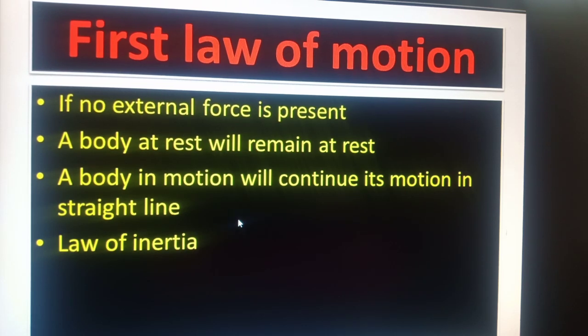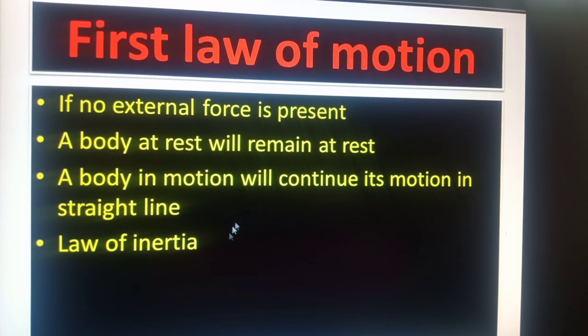When we throw a ball, there are some external forces acting on it. For example, the pull of gravity, the friction between ground and ball, or the air resistance. These are the external forces. If they are absent, Newton said, a body in motion will continue its motion in a straight line with uniform speed.